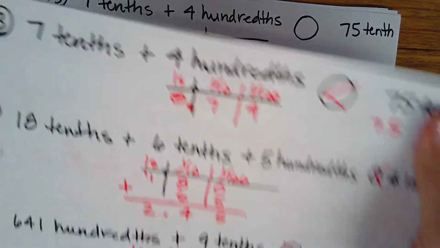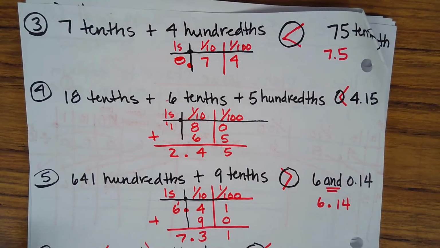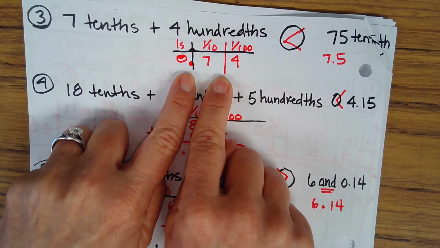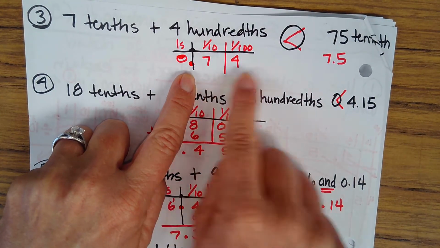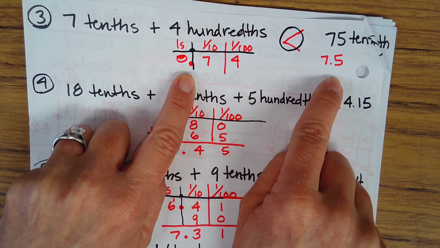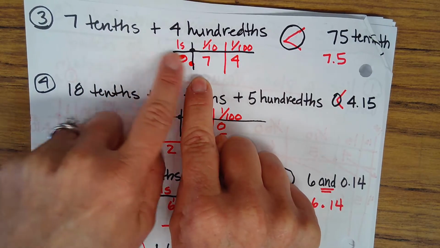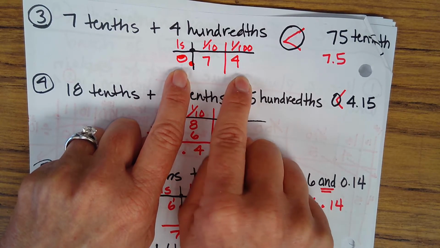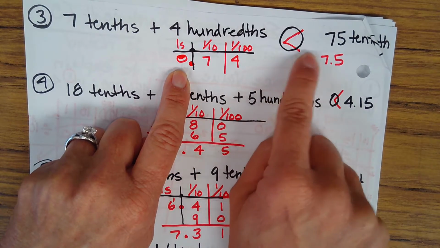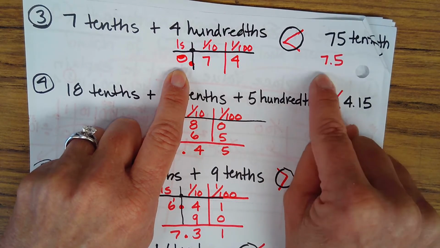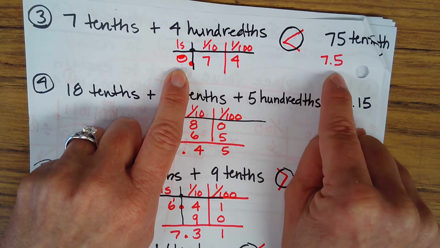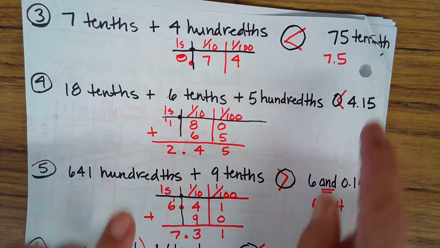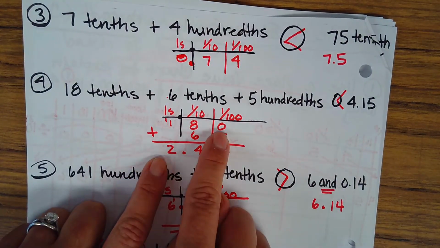All right, let me show you how I use the place value chart so that I can see exactly what my number is, and that made it easier to compare. Notice 7 tenths plus 4 hundredths, it's 0.74, is definitely smaller than 75 tenths because 75 tenths is 7.5. Write it out. Number 4, I used the place value chart.